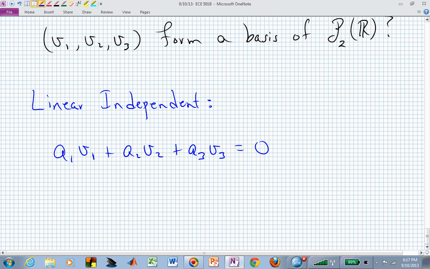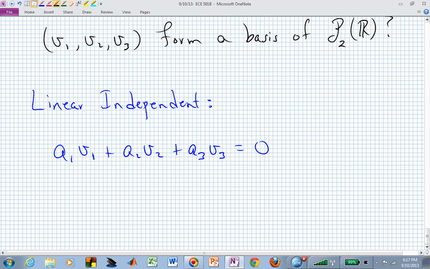If we're forced to conclude that the only way this linear combination of vectors v1, v2, and v3 is equal to 0 is to have the scalars a1, a2, and a3 identically equal to 0, then this set of vectors v1, v2, and v3 is linearly independent.